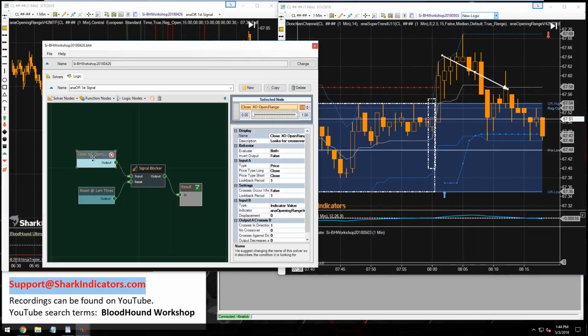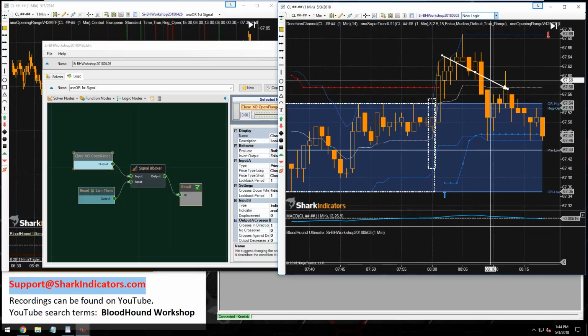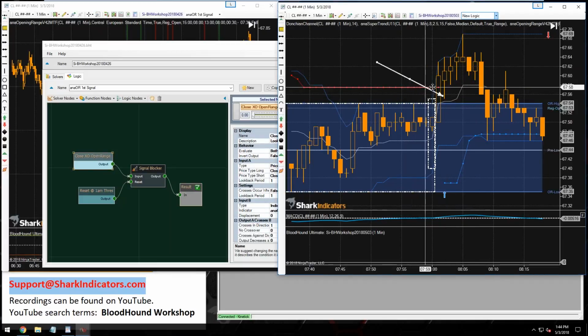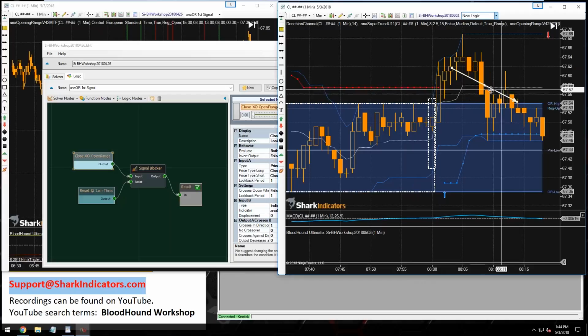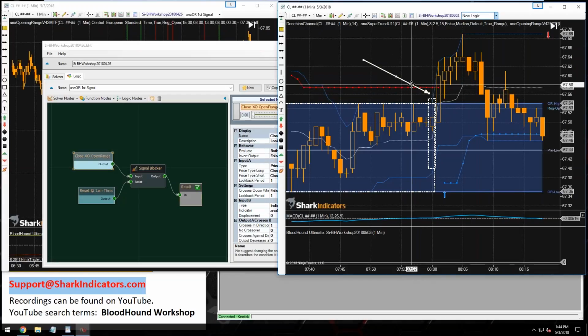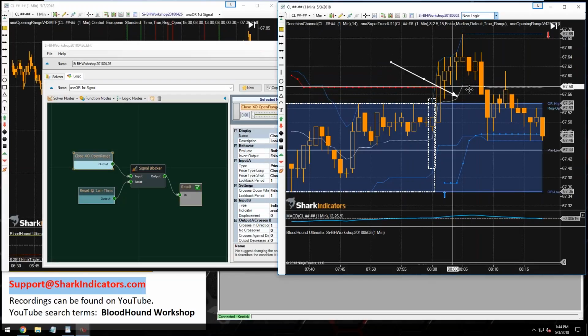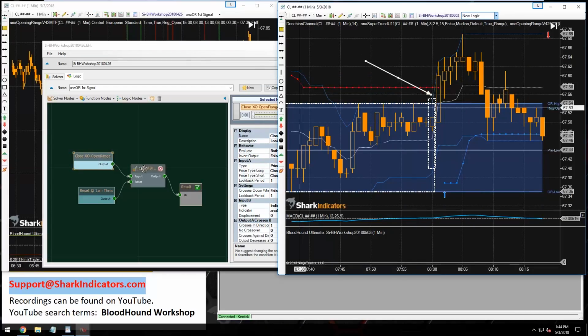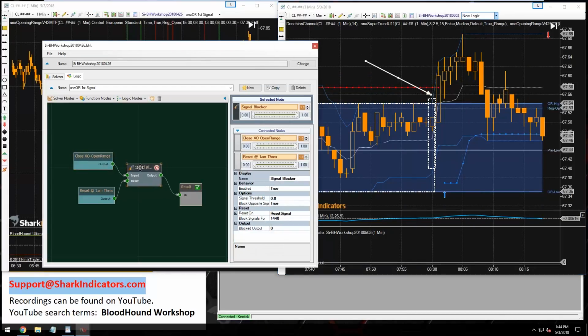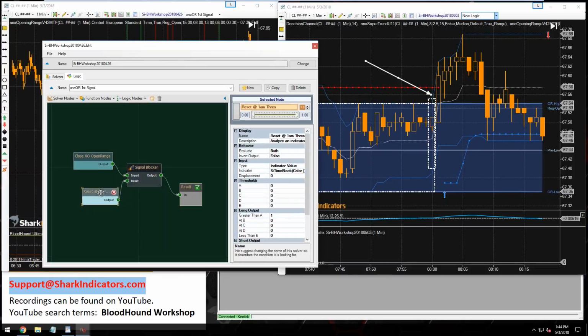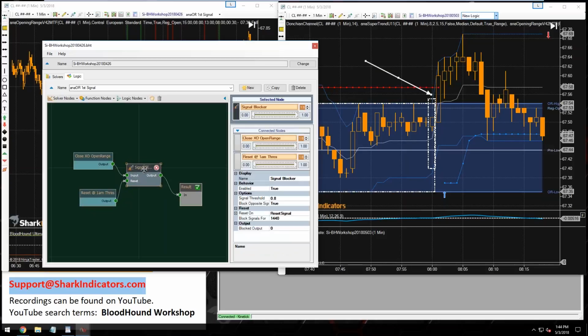The crossover solver generates a breakout signal every time there's a breakout, but most opening range traders just want to see the first one and ignore all the rest. So the signal blocker allows the first signal through and blocks all the rest. Then at midnight, we reset the signal blocker so the next day's breakout signal can pass through.